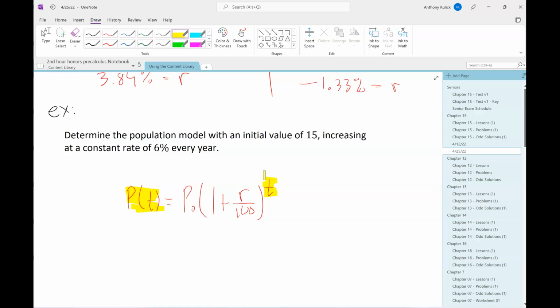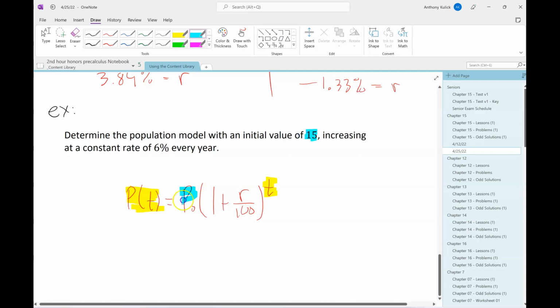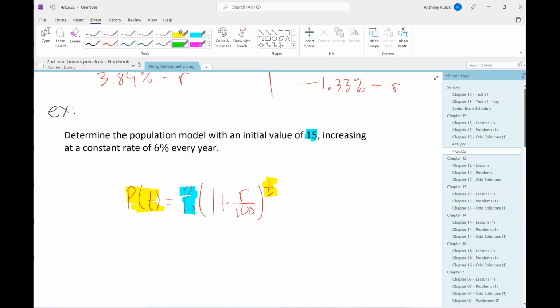What we do need to fill in is a value for P naught and for R. What is our value for P naught going to be? 15, the initial value. And the value for R should be 6, the rate of change.